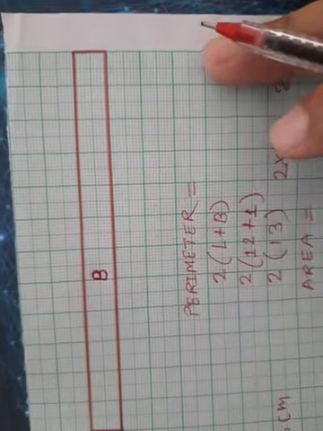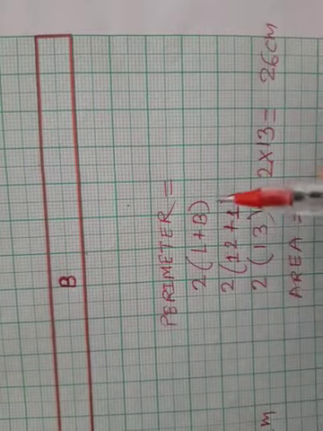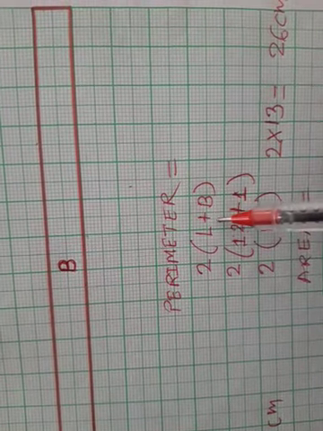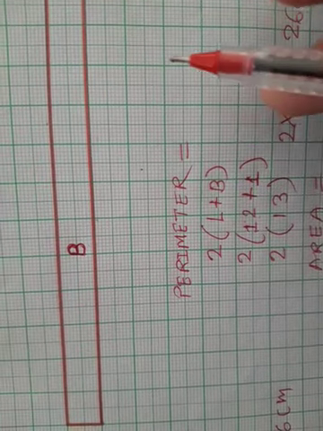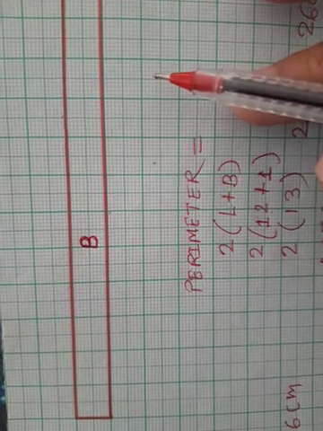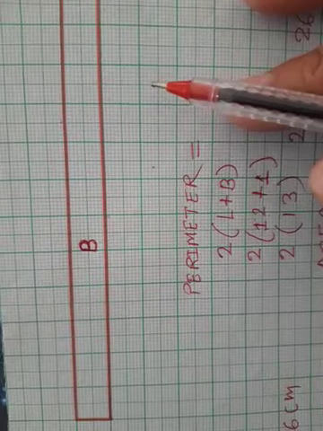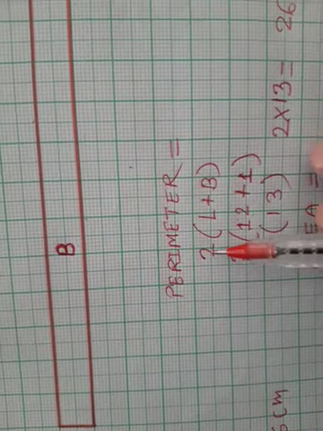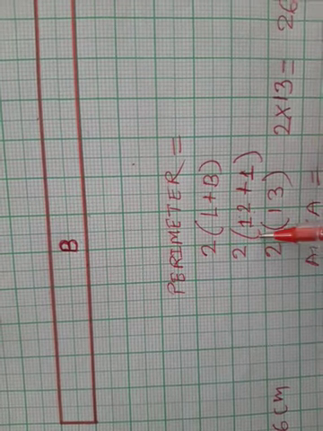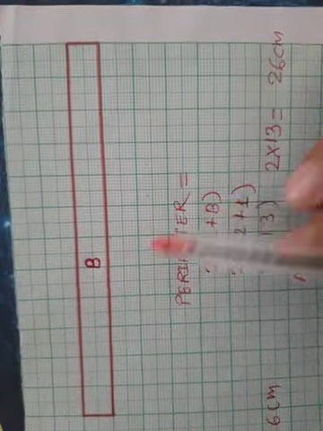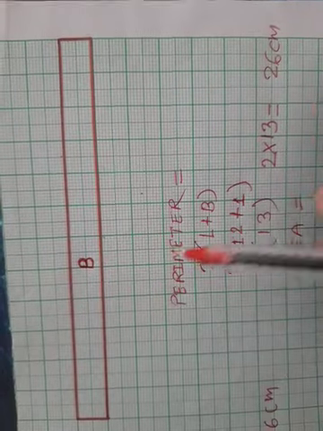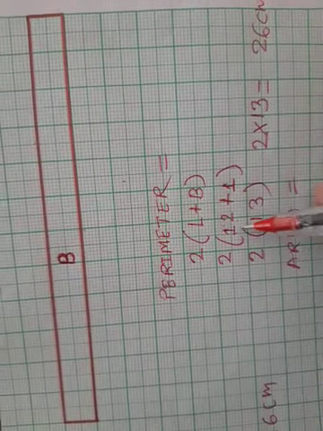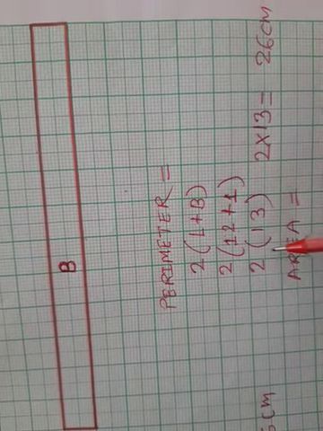Now we look at rectangle B. The formula is the same, 2 into length plus breadth. This formula will be applied only for the rectangle shape. So we write 2 again, bracket, and length is 12 centimeter and breadth is 1 centimeter. So 12 plus 1 is equal to 13.